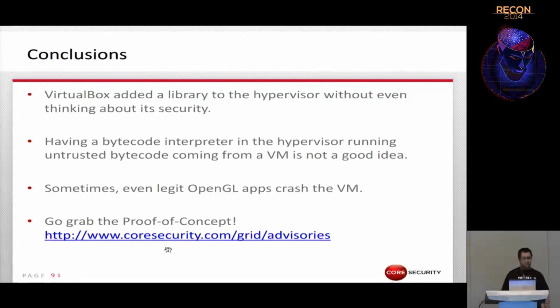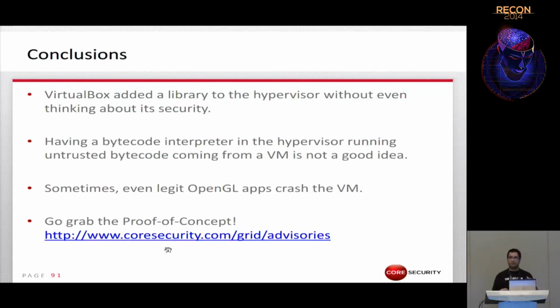So conclusions. First, VirtualBox added a library that is loaded in the context of the hypervisor, and I think that without thinking about its security, it looks like they didn't read the documentation of Chromium, quoting the network pointers. Another conclusion, having a bytecode interpreter running inside the hypervisor doesn't look like a good idea.